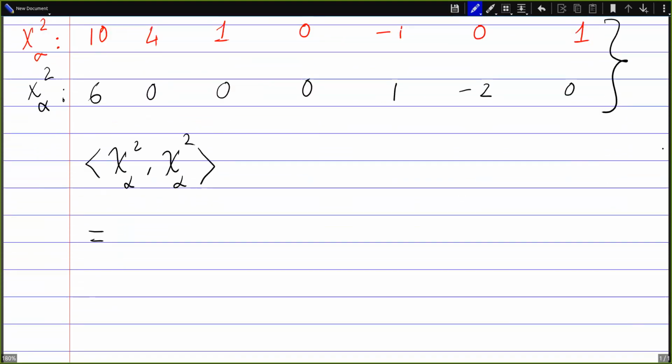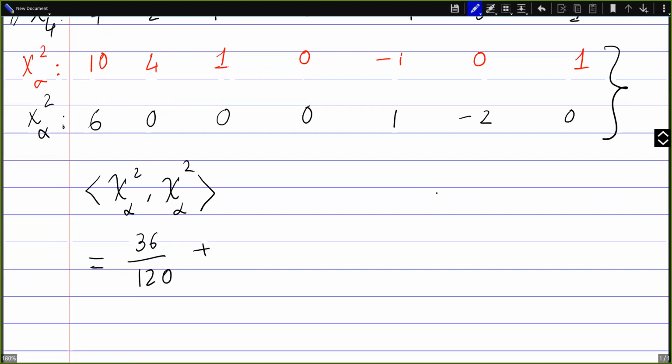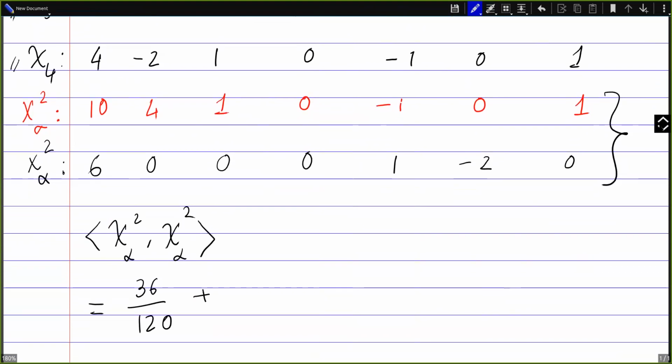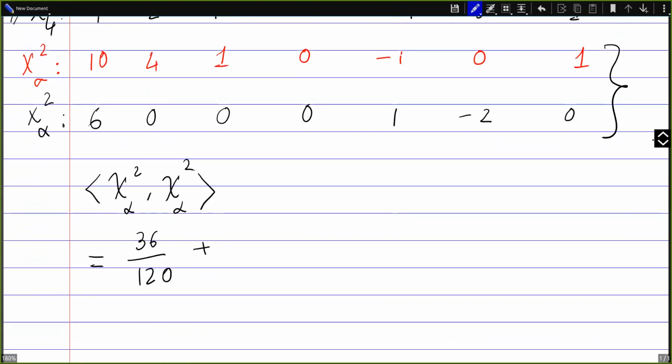This is just 36 by 120, then the next term is 1 by 5, and the rest is 4 by 8, and that clearly happens to be 1, which shows that this chi alpha square is an irreducible character. So it indeed has a place in the character table.